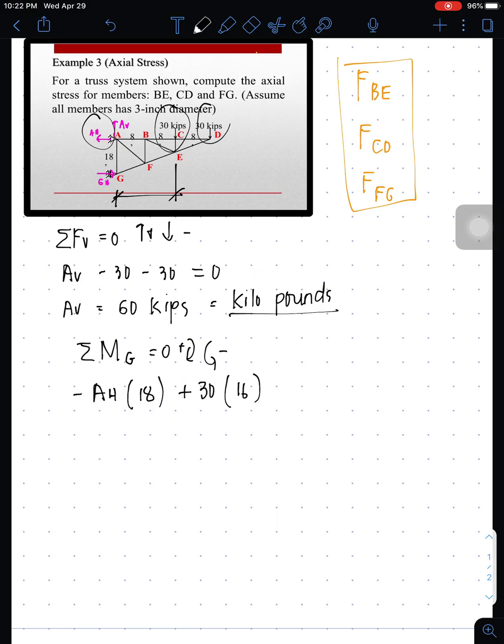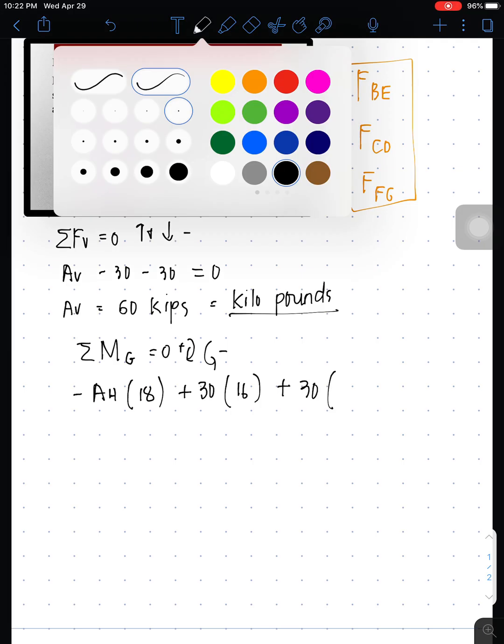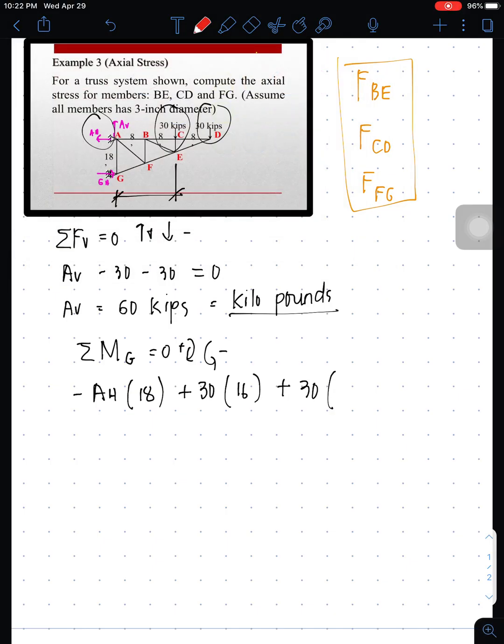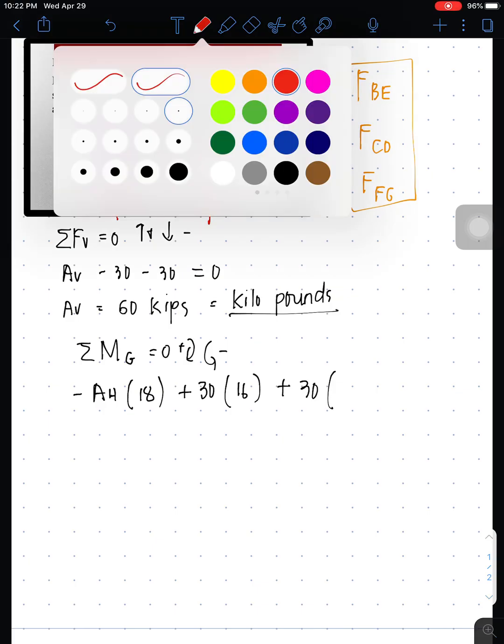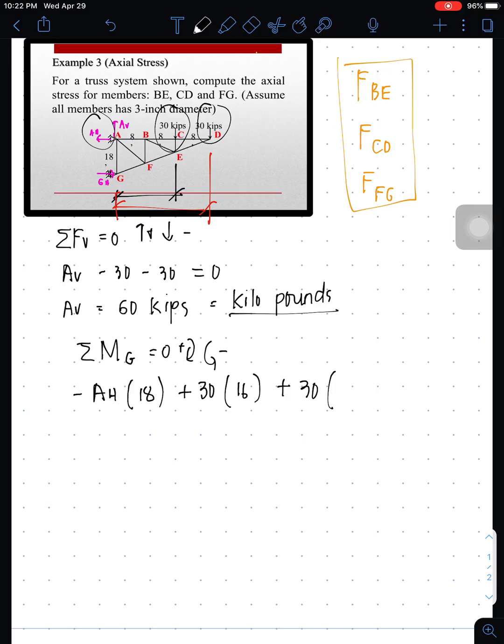Then another 30, this one. So you have plus 30 times the distance from here to there. What is the distance? The distance is 24, and that's equal to 0.